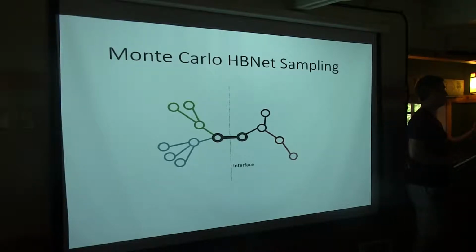And HBNet already calculates clashes, so we just have to go through all of the downstream nodes and check to see if they have a clash. They need to be compatible. They need to not clash, and they will only be considered if they're connected. So it's like between the centrality times the energy.